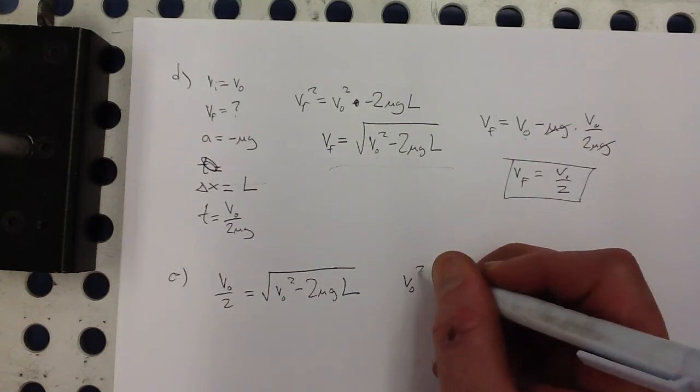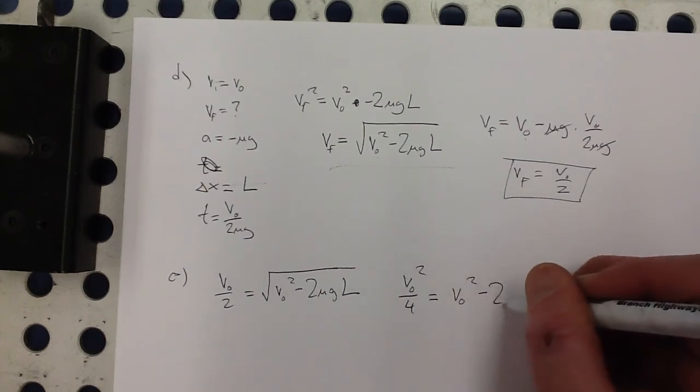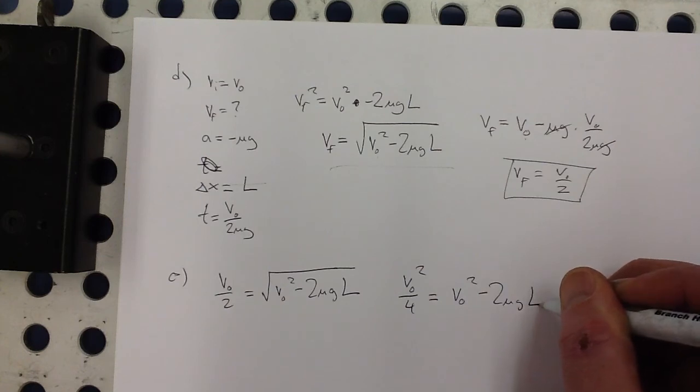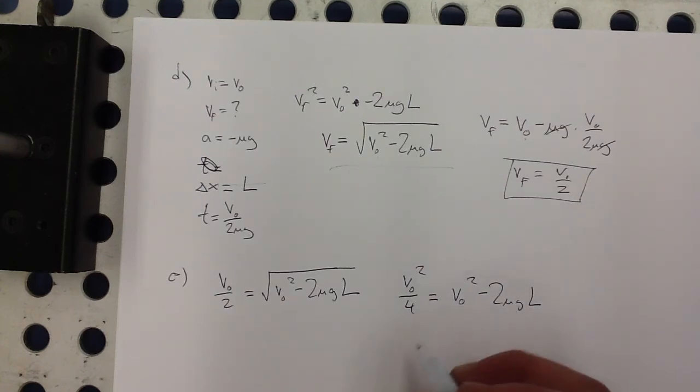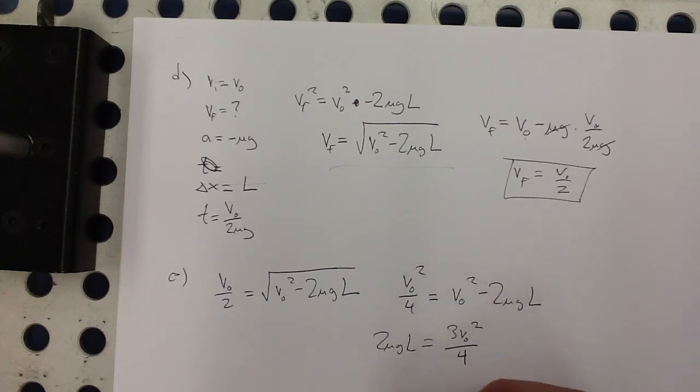That would give me v sub 0 squared over 4 is equal to v sub 0 squared minus 2 mu g L. And then if I move that over here, that gives me 2 mu g L is equal to v squared minus a quarter of v squared, which would be 3 v squared over 4. So L, dividing by 2, would be 3 v sub 0 squared, that turns that into an 8, and then mu g. Oops, sorry, I'm solving for L. So it would be that.